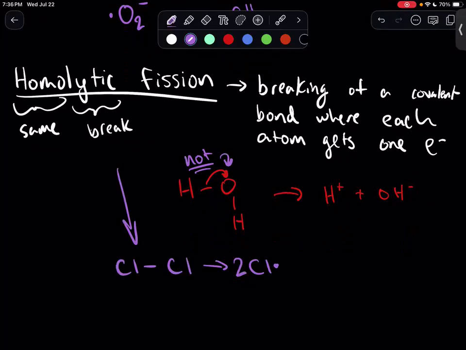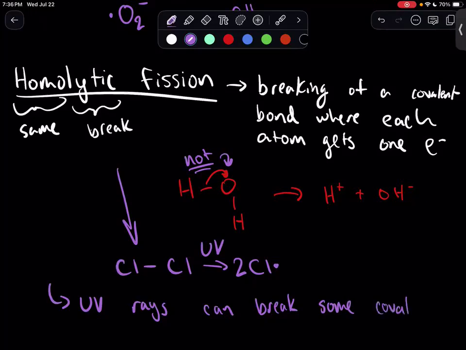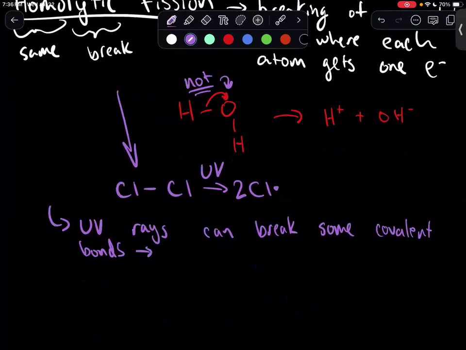Now, what actually causes homolytic fission? A very common thing is actually ultraviolet radiation. So UV rays can break some covalent bonds. Now, what does need to happen is they need to have low enough bond enthalpy.